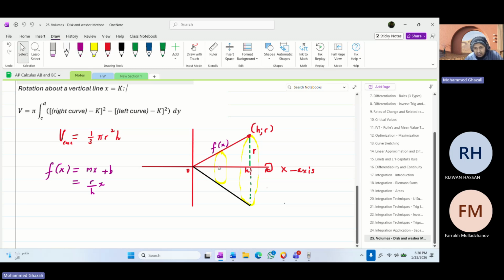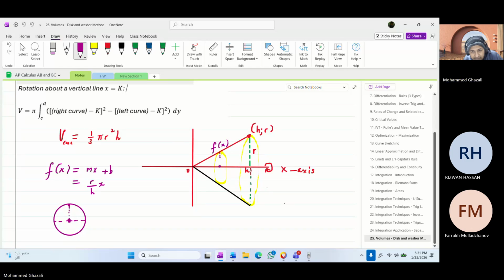Now, the cross-sectional area I have to draw, okay? So I have a center, which is the center line, the x-axis. There's my cross-sectional area here. I'm going top. So the distance from here to there. Now, what is the distance from here to there?